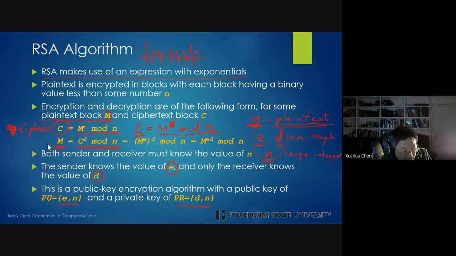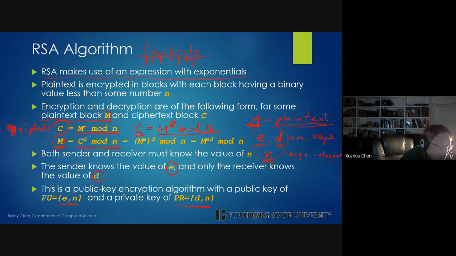Now the idea is, if we know m and e, then it's relatively easy and fast to calculate c. But when people don't know d, then it's difficult to find m, because they only have the knowledge of c and n. n could also be public.